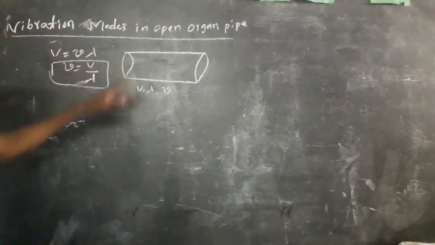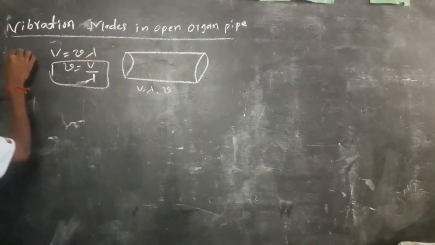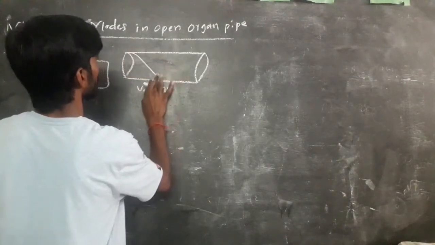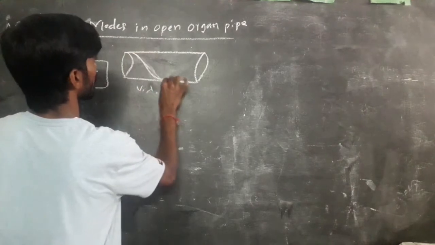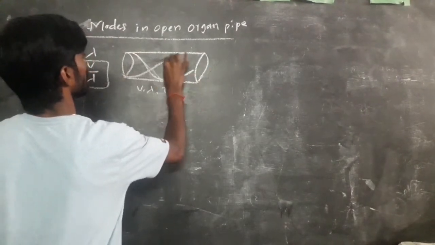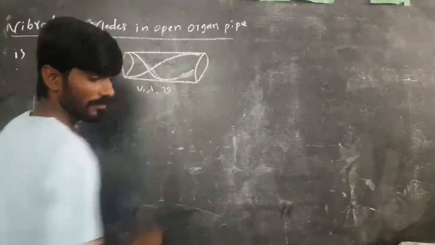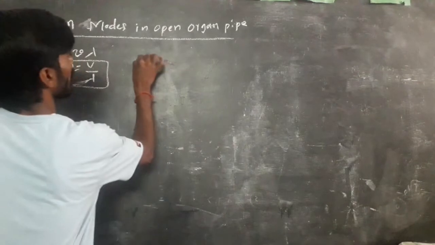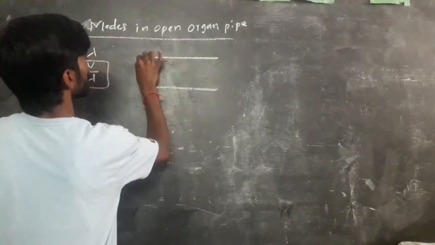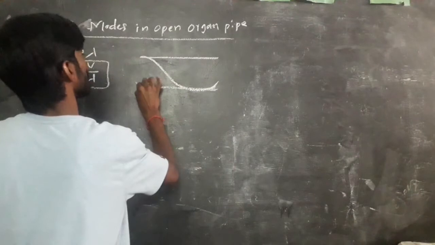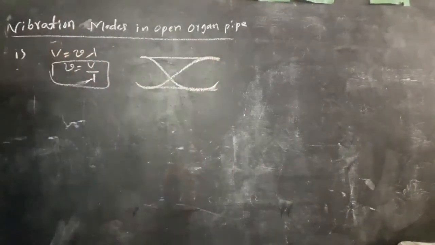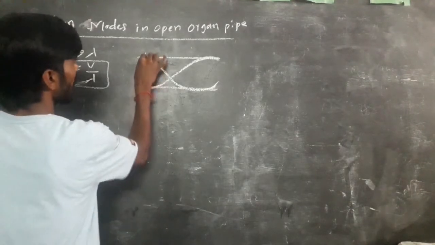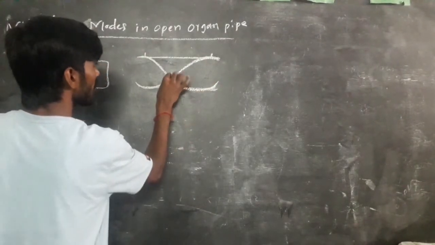Now I am selecting the first case. I will draw it neatly. In the first case, if you observe here, this is an antinode, this is an antinode, and this is the node.